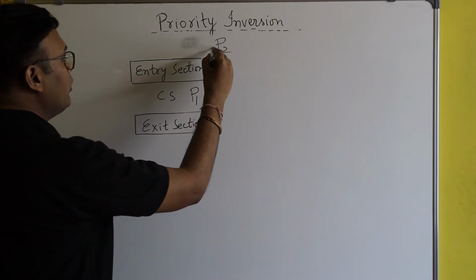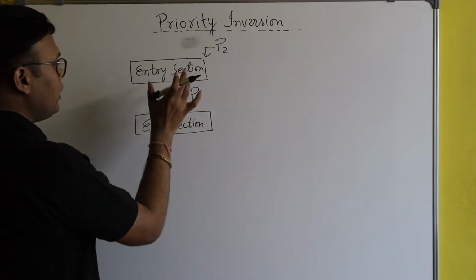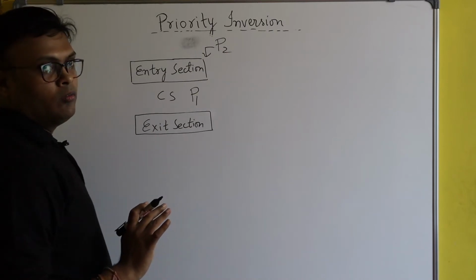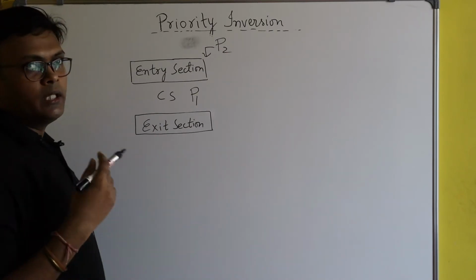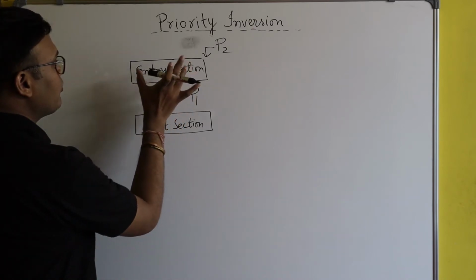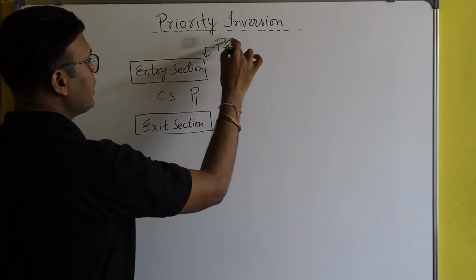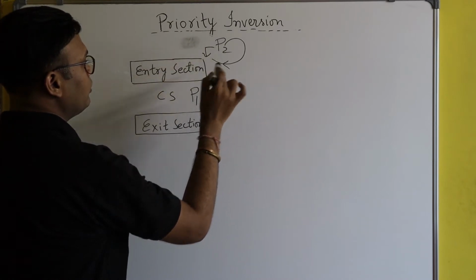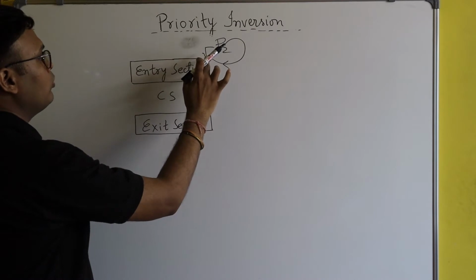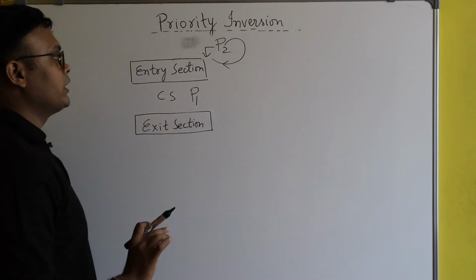If P2 tries to enter, the entry section code will stop P2. Think of it as the test and set case: there is a while loop and P2 will get stuck in the while loop present in the entry section.